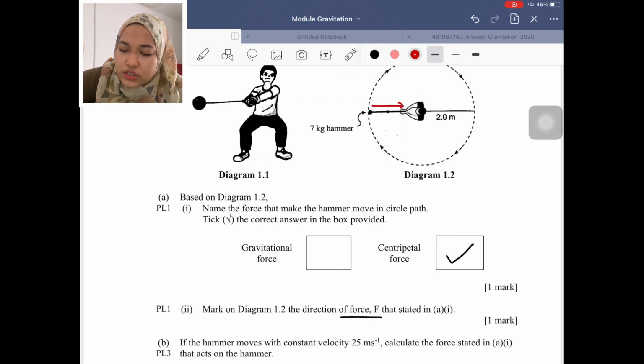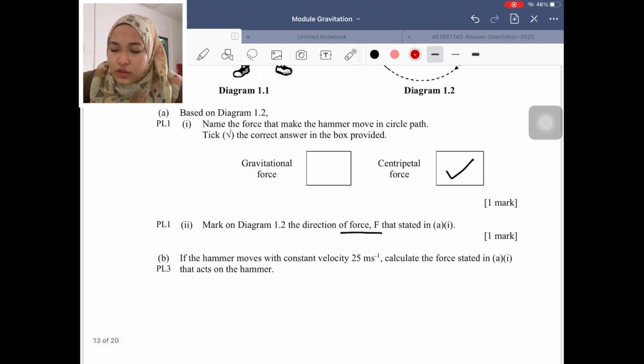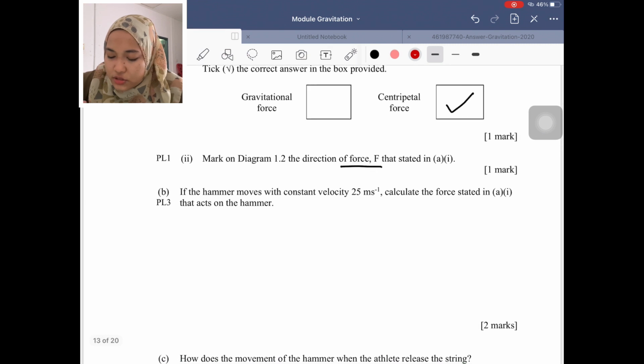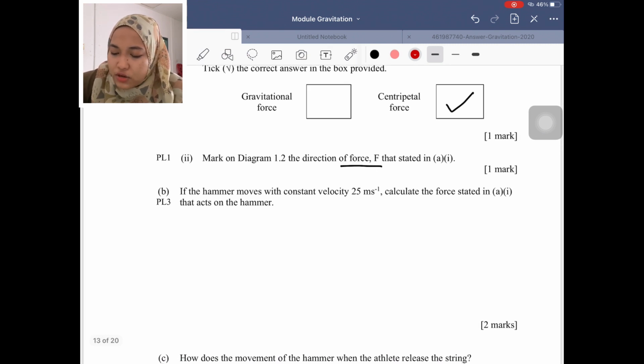Okay, so towards the center. Alright, so next, so if the hammer move with a constant velocity 25 meter per second, so calculate the force stated in A1 that acts on the hammer. Okay, so kita ada V, sorry, kita guna warna hitam balik. So V equals to 25 meter per second.